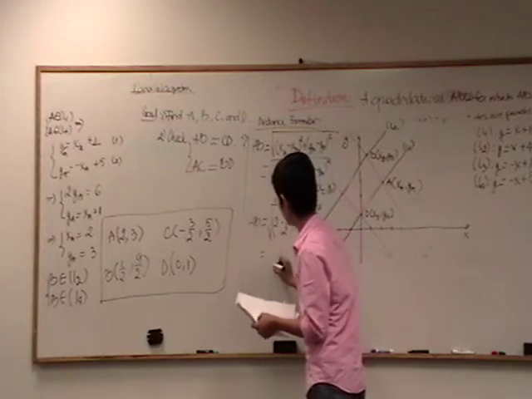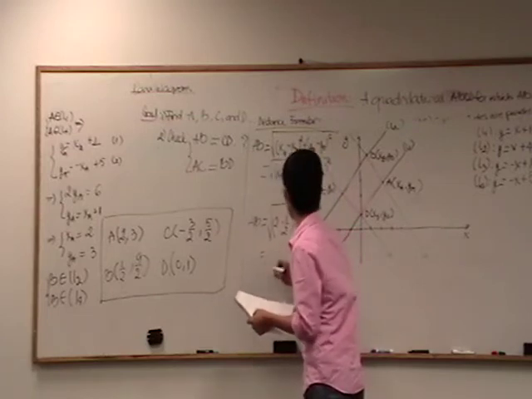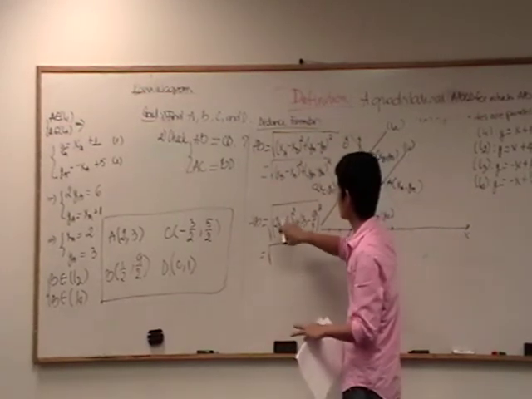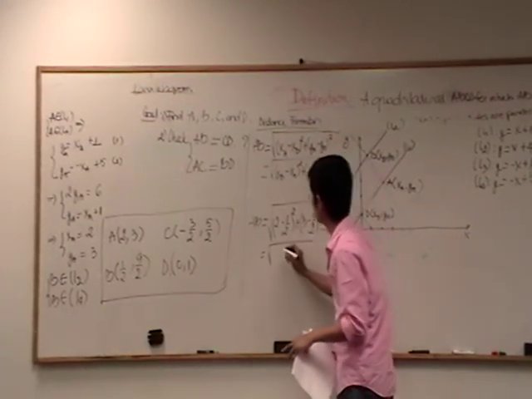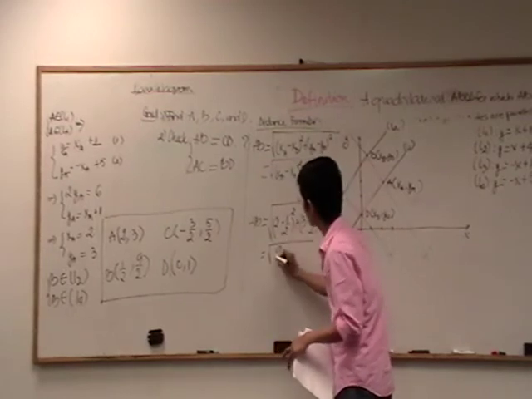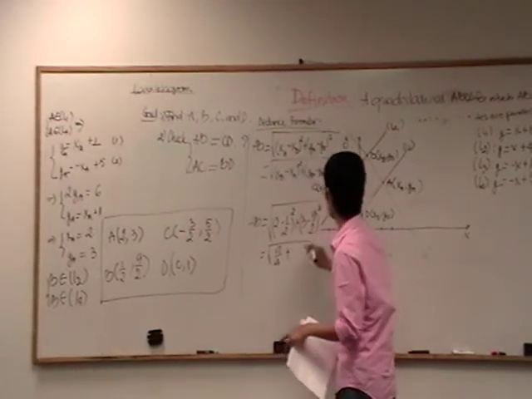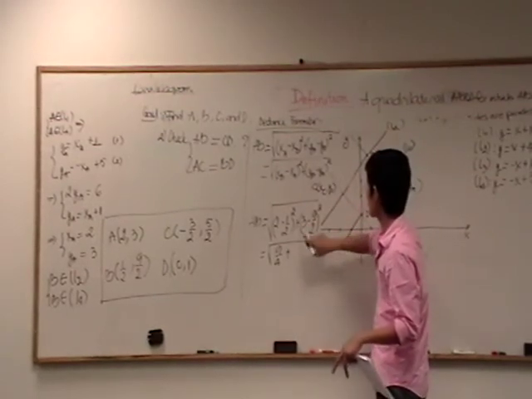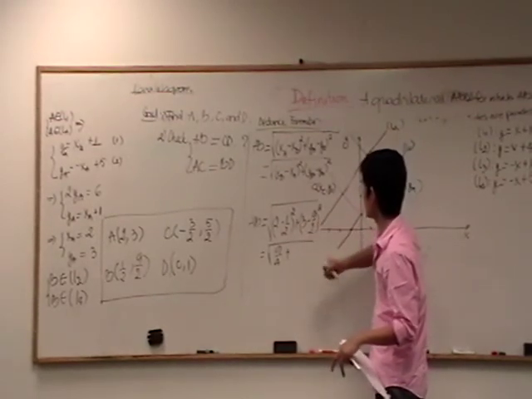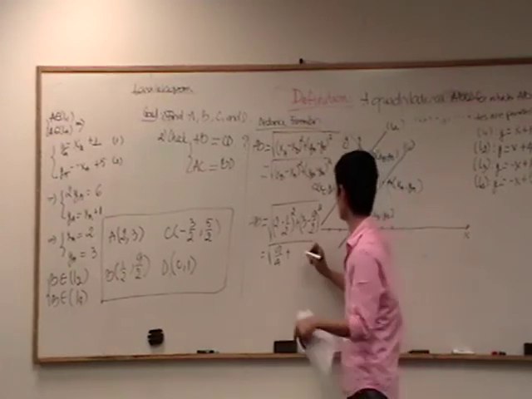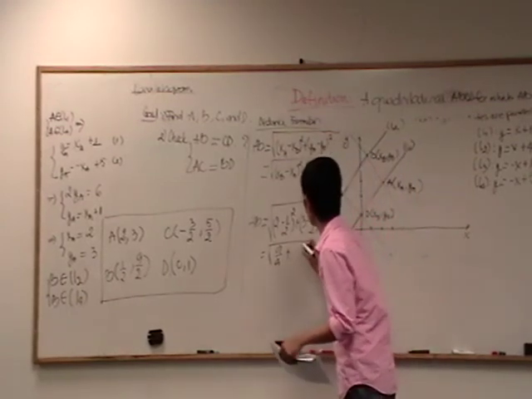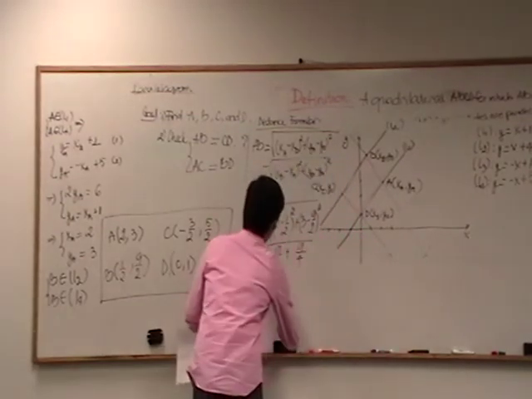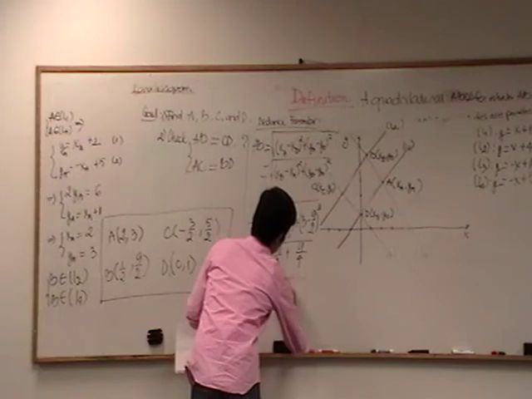And we have the square root of 4 minus 1 equals 3, 3 squared equals 9, and 2 squared equals 4, plus, by the same thing, 2 times 3 equals 6, 6 minus 3 equals minus 3, squared equals 9 over 4. So we have the square root of 18 over 4.